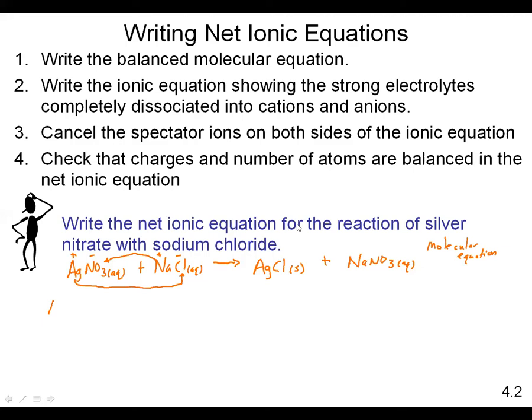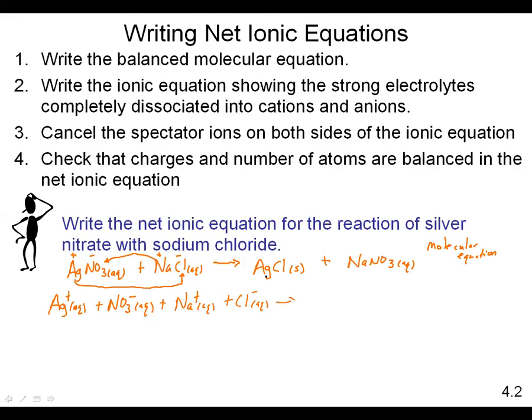So this will break apart here into silver with a +1 charge, plus our nitrate with a -1 charge. The sodium chloride, which is also a strong electrolyte, will break apart into sodium with a +1 charge and chloride with a -1 charge.